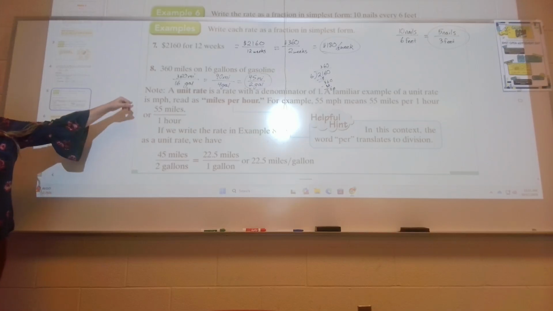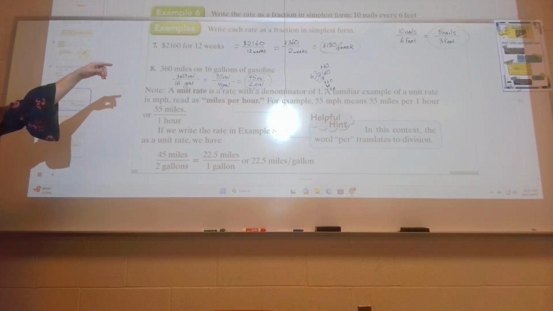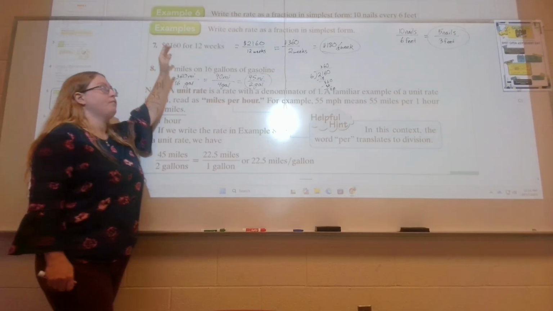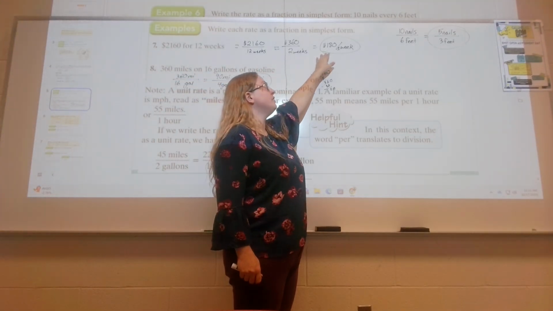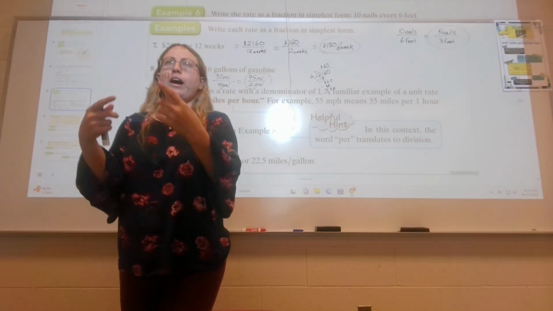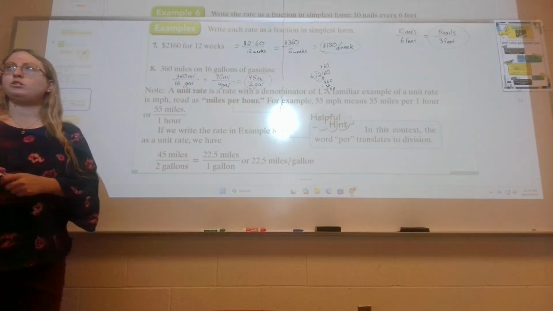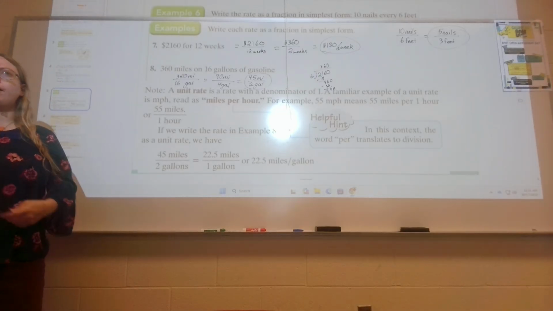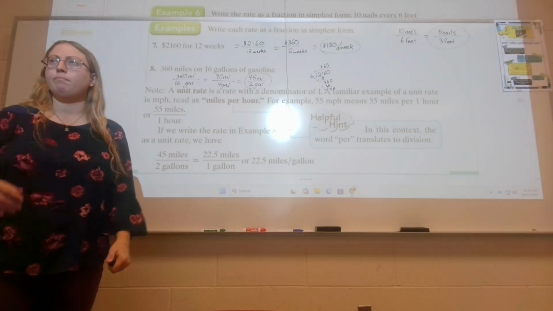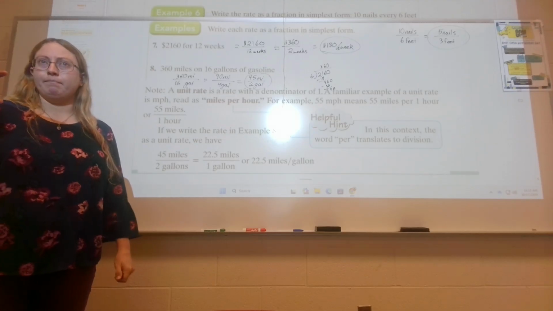So the next thing we're looking at is just things called unit rates. All right. We actually already have a unit rate on the board in question 7, where we see that there is $180 for every 1 week. Because when you think about it, think about miles per hour. Miles per hour is a very common unit rate, right? When you say miles per hour and I say, oh, I was driving 55 miles per hour, we know it means you're traveling 55 miles for every 1 hour of driving, right?